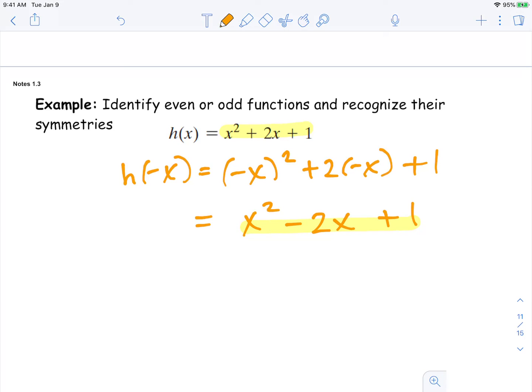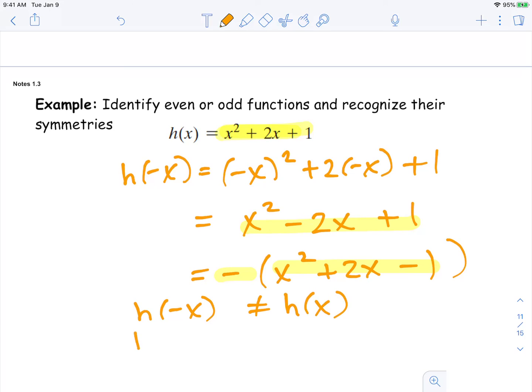No. So now what we do is we take out a negative. We're going to change all of those signs. Did we get the original function back with a negative out in front? No. So we don't have h of negative x equaling h of x, and we don't have h of negative x equaling the original function with a negative out in front.